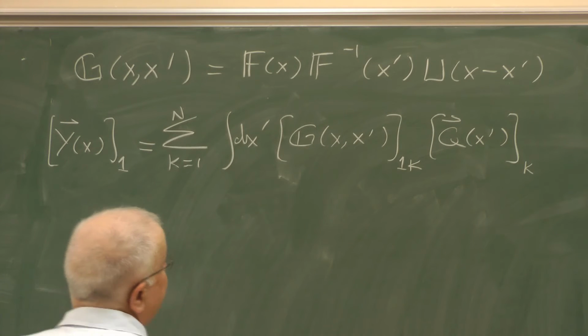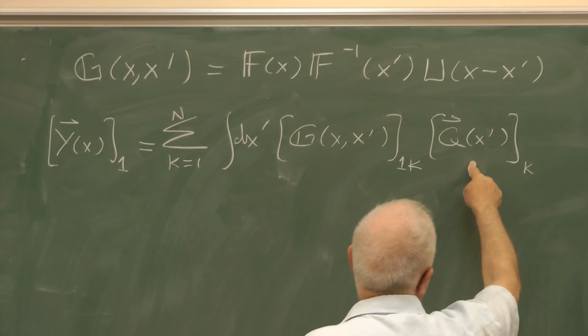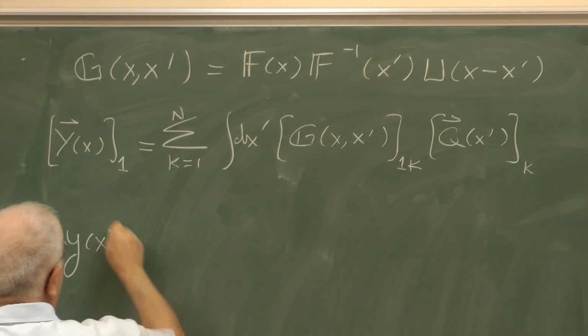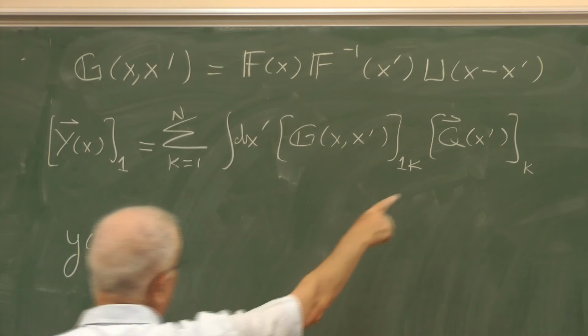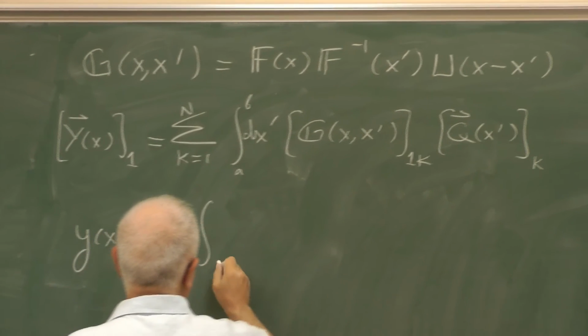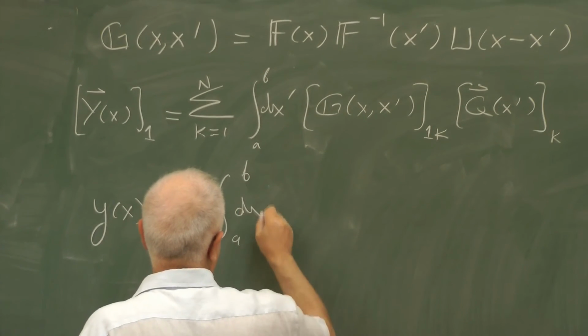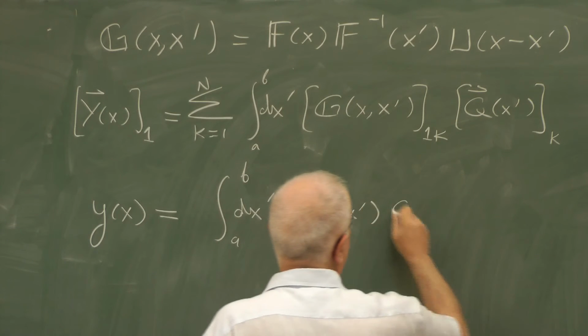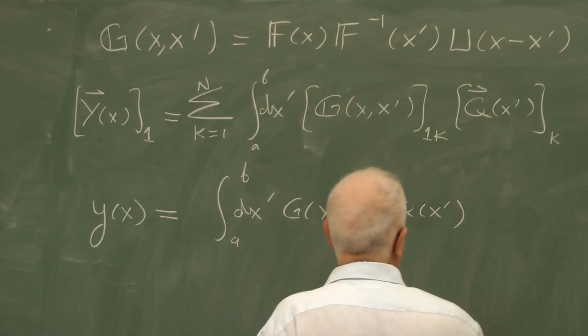Well, replacing this by the Kronecker delta kn, I get y of x equals, each Kronecker delta kills the summation sign, integral a to b dx prime, g of x prime, q of x prime.